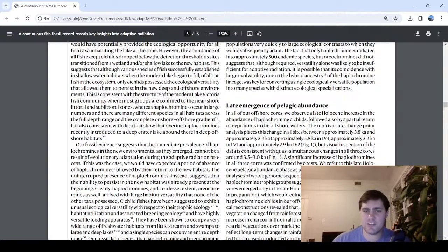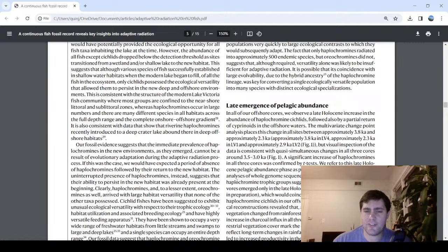But visual inspection of the data is consistent with quasi-simultaneous change in all three cores around 3.5 to 3 Ka. A significant increase of haplochromines in all three cores was confirmed by t-tests, and that's just a probability test. We refer to this late Holocene pelagic abundance phase as phase D.